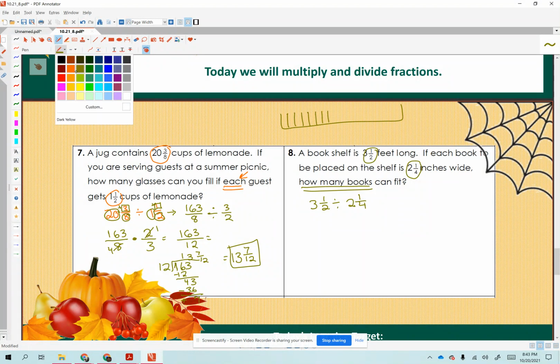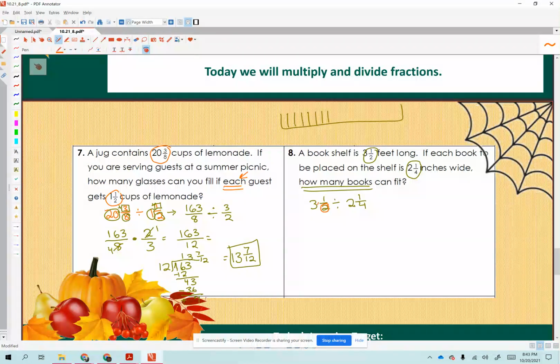So first we'll convert those to improper fractions. 3 times 2 is 6, plus the 1 in the numerator is 7. 4 times 2 is 8, plus the 1 in the numerator is 9. Okay, let's rewrite this, keeping the first fraction, changing the division to multiplication, and inverting the second fraction.